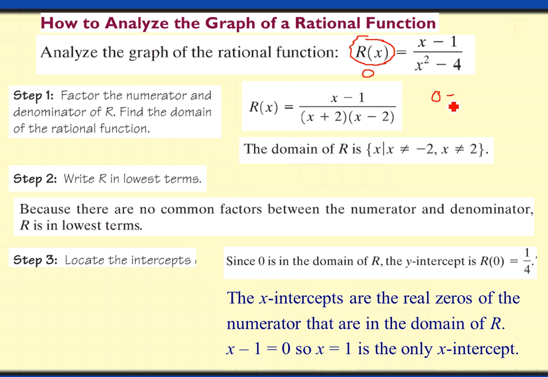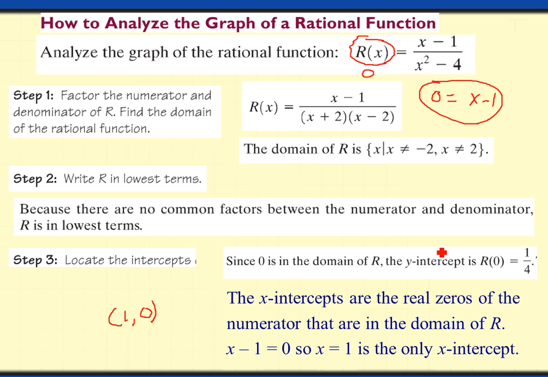The only way a fraction can be equal to 0 is if its numerator is 0. If its numerator is not 0, then we're going to have some non-zero number divided by some non-zero number, and that can't be 0. So we'll always come to this point where we have the numerator equal to 0 when we're trying to find x-intercepts. In this case, the only solution to that is x being 1, and so the x-intercept is where x is 1, and y is 0.